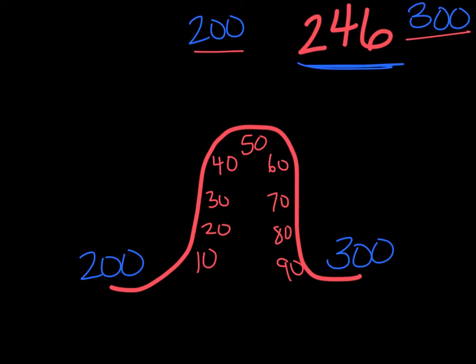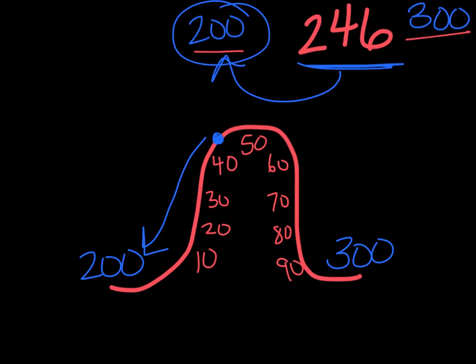And then I'm going to think about 246, where would that be on my hill? So 246 is going to be right in here. And then I'm going to think, if I was putting a ball in that spot, would it roll down this direction or would it roll up the hill and over the other side? So I hope that you said that it would roll this way. So we would say that 246 rounds to 200.